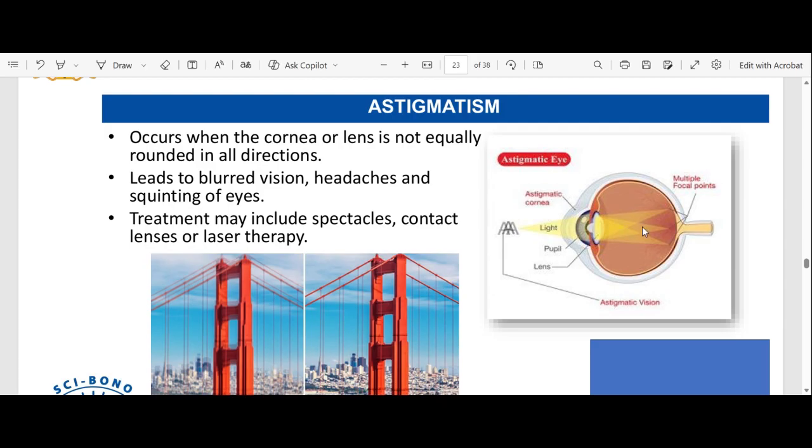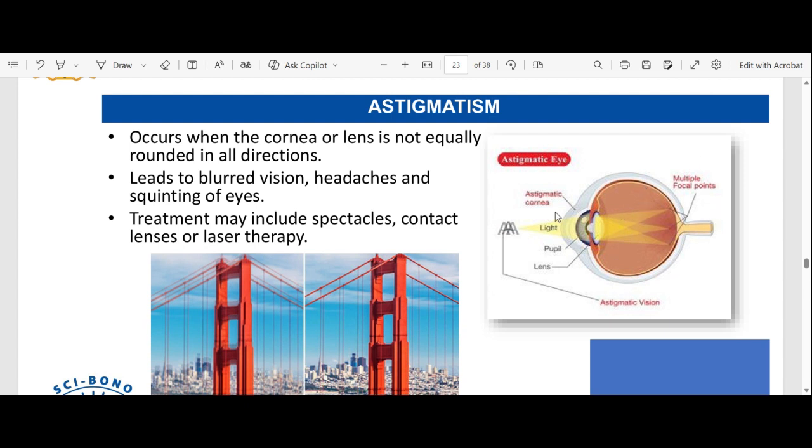And when it's unevenly rounded, it will refract light on different focal points on your retina. Can you see? So it's refracting the light on different focal points, right? Which will create a blurry picture. As you can see here, you have multiple focal points, right?